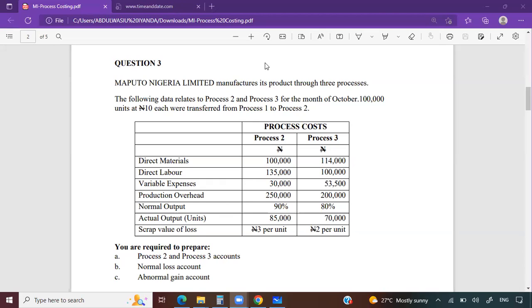Now, everybody, is there any other person that can be able to determine?